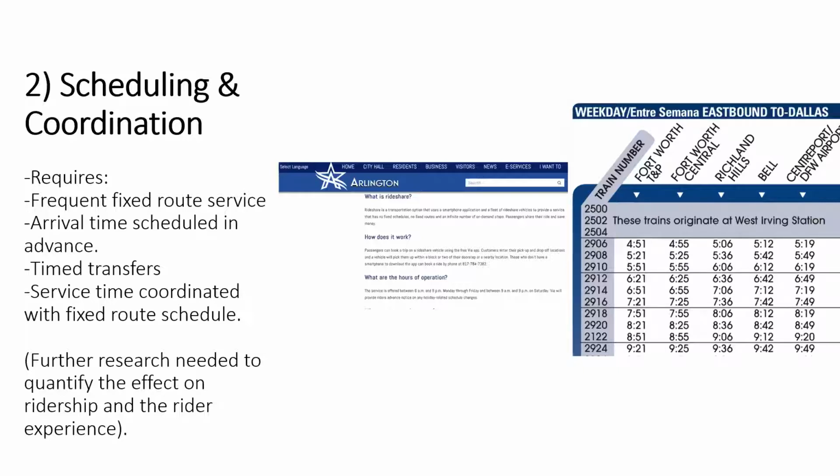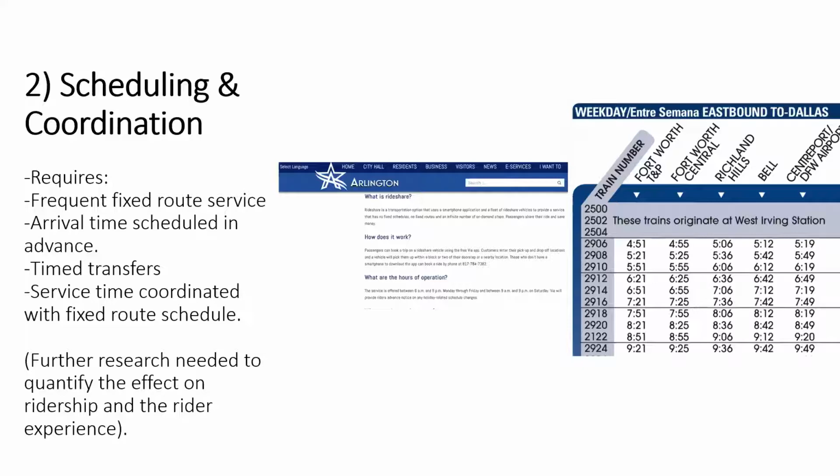So even though the app-based on-demand services don't have a fixed schedule, they do have set service hours. So it is important to look at that when planning the service. And it probably could be even better, possibly having timed transfers, having coordinated routing.